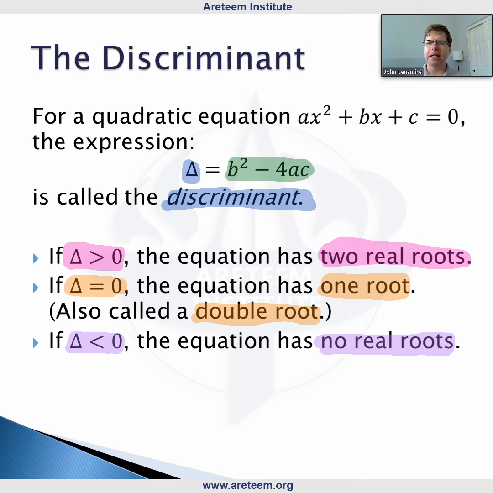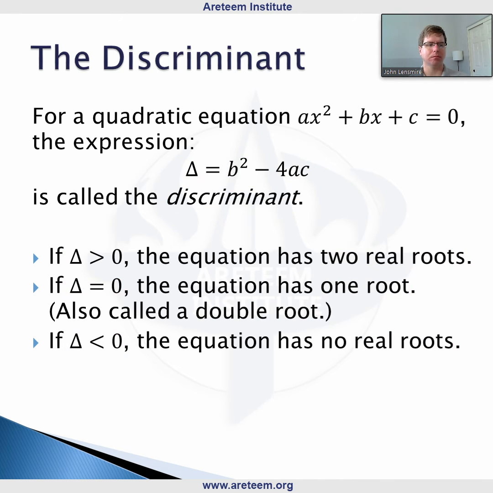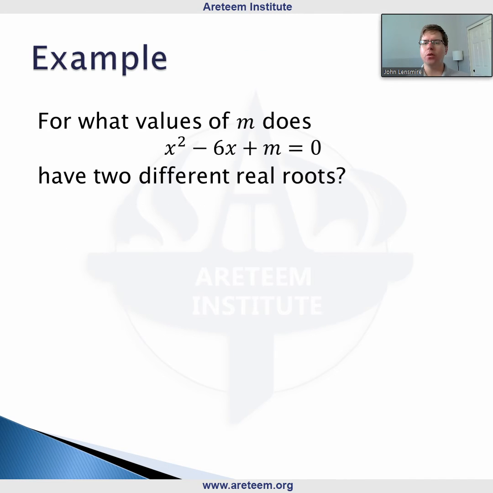But let's look at a different example to see how the discriminant can be powerful. The more interesting type of question you can answer with the discriminant is something like this. We're asking, for what values of m does this equation involving x have two different real roots? We're solving for x, but it has this other constant m in it.